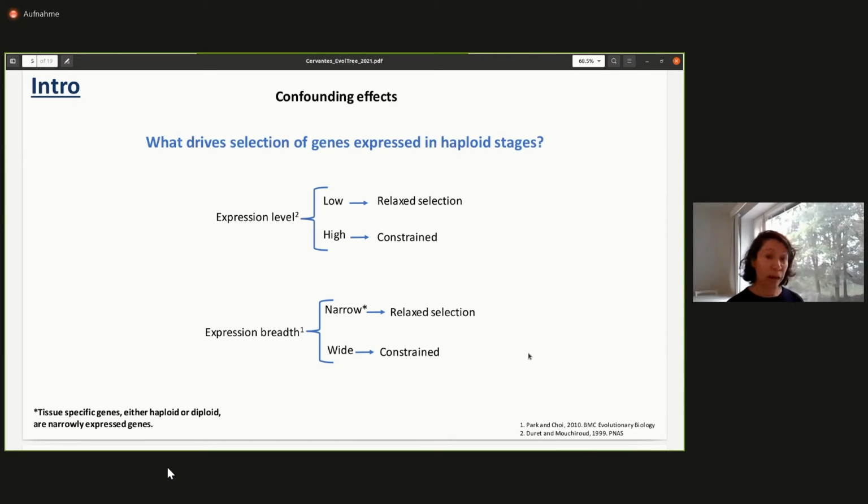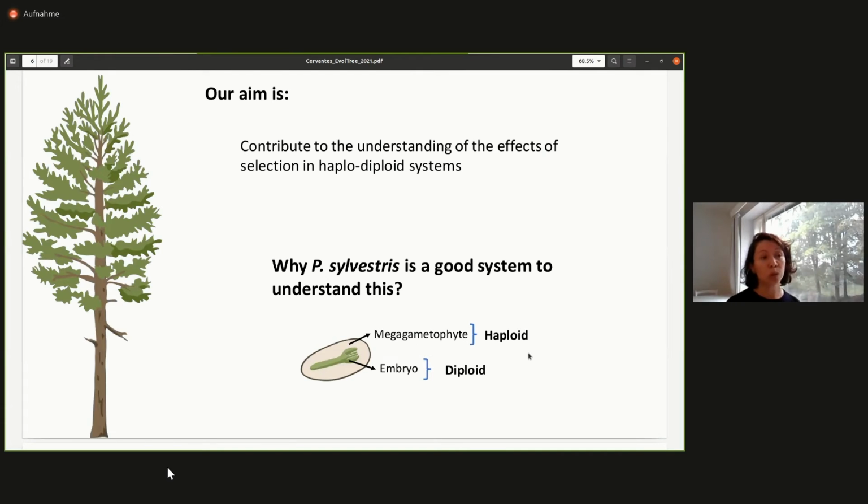So our aim with this work is to contribute to the understanding of the evolutionary dynamics going on in this haplo-diploid system. For that, we are using Pinus sylvestris, Scots pine, as a model. Why is sylvestris a good model to study these kinds of questions?